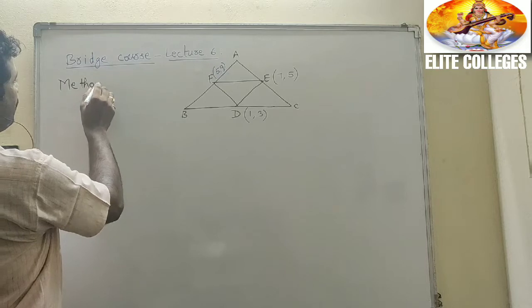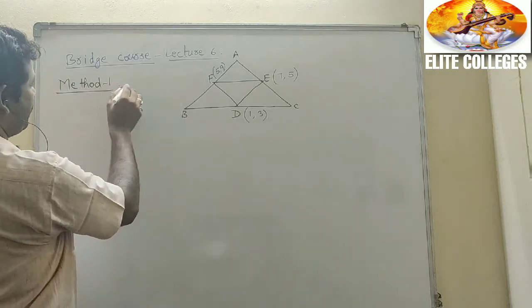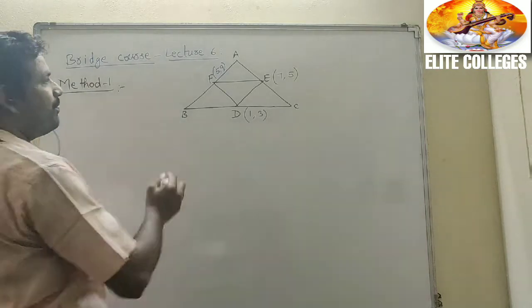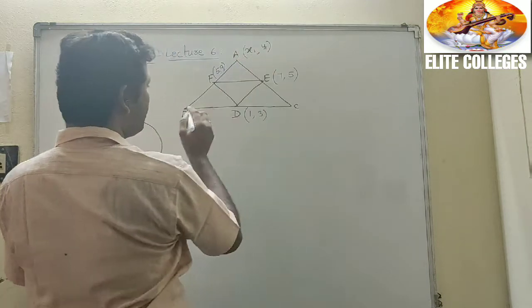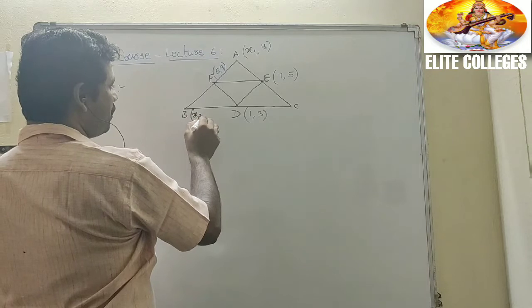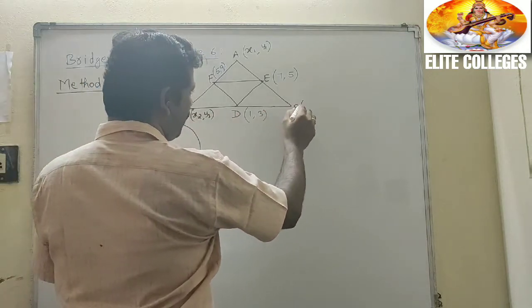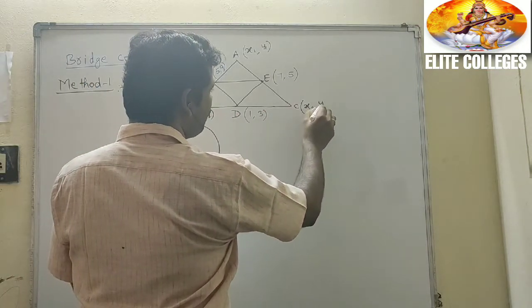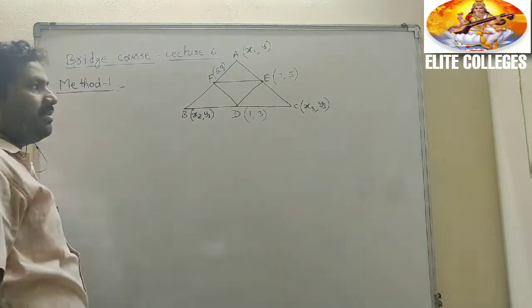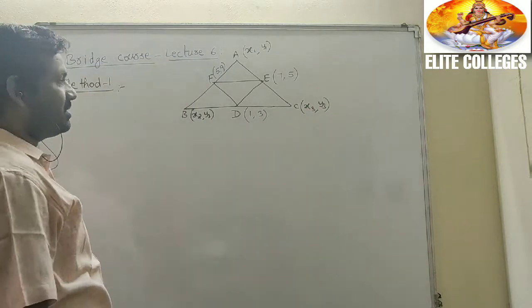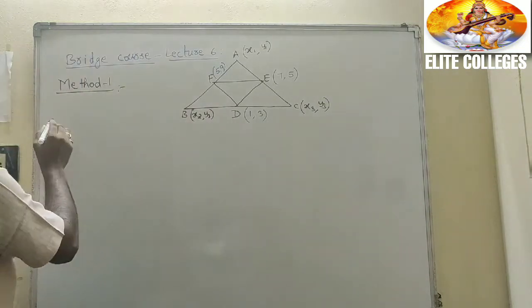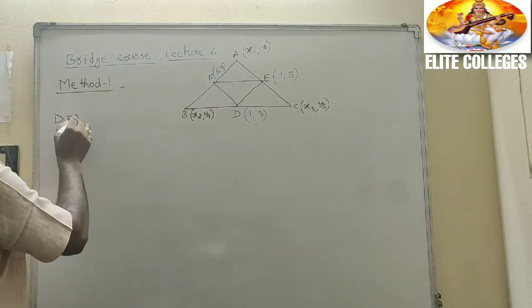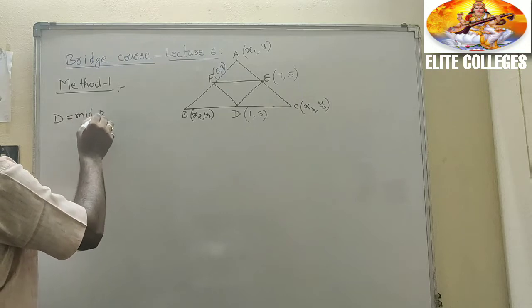Method 1. Now we are doing the first method. In the first method, I am taking the vertices A as (x1, y1), B as (x2, y2), and C as (x3, y3). These are the three points A, B, C. What about D in the first case? D is the midpoint of BC.